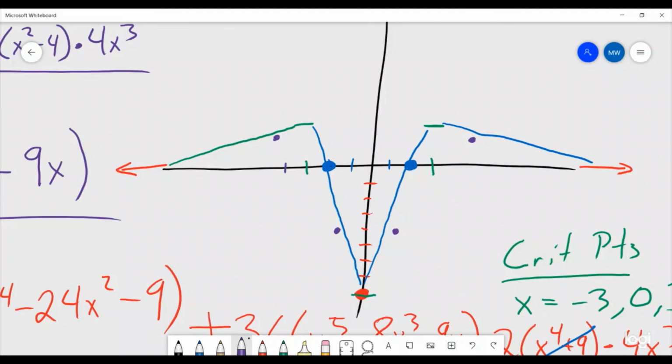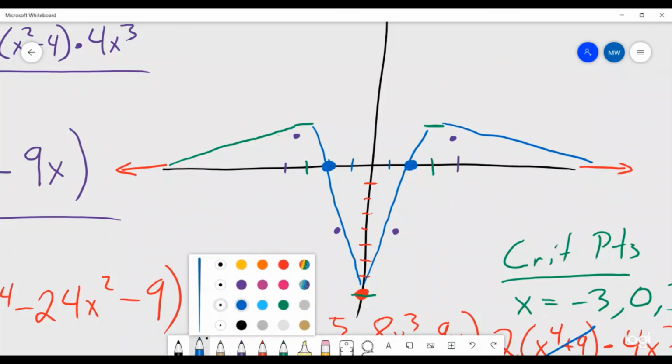So it's actually going to be about there and about there, so just before 4. So those are going to be the spots where it changes concavity, and we know that it's concave up in certain spots.